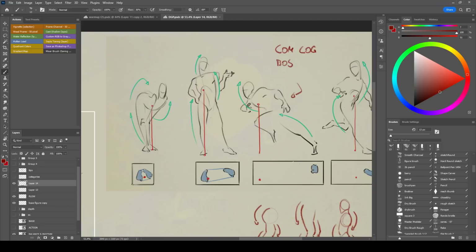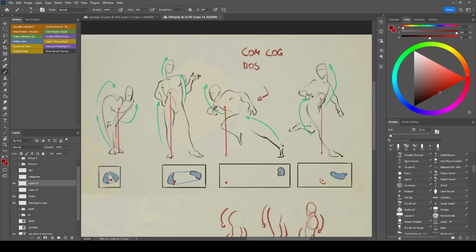It's me continuously catching myself as I'm falling forward. In this case, my base of support lies behind my foot, but it still feels like he would be at least slowing down in that direction, but he's still moving forward. Now, why is that? Because the context of the pose indicates that he was running forward, and he's now just shifting his weight in the opposite direction to either slow down or redirect himself to turn around. So that's how we can use the energy of our poses to add flow to our figures.